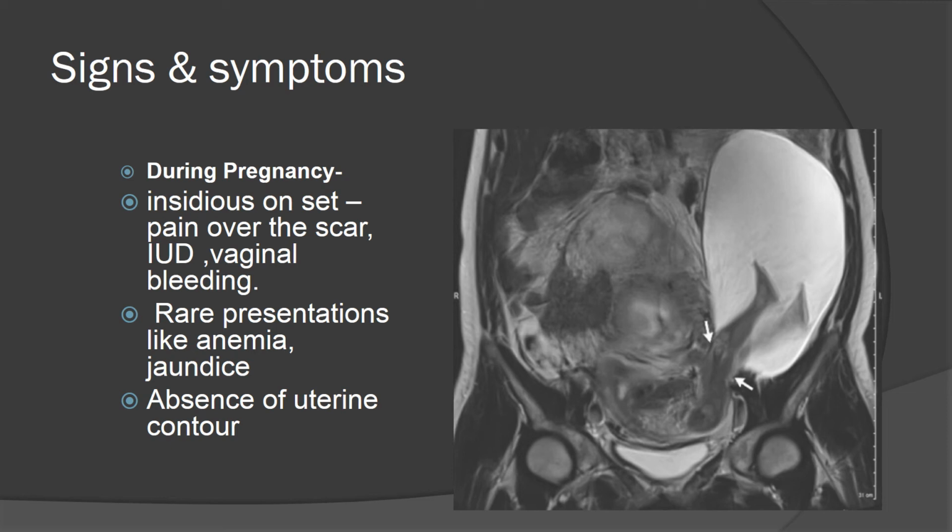It can be confirmed by ultrasound. The picture shows an MRI of an insidious rupture of the uterus, where the amniotic sac has herniated through the scar and the baby's leg is also protruding through the scar, while the patient is totally asymptomatic.